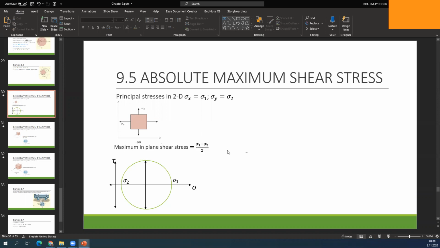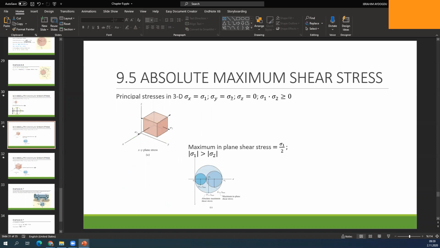But if we consider the 3D case, we also have additional stress in the Z direction, and we know that the Z stress is equal to 0.